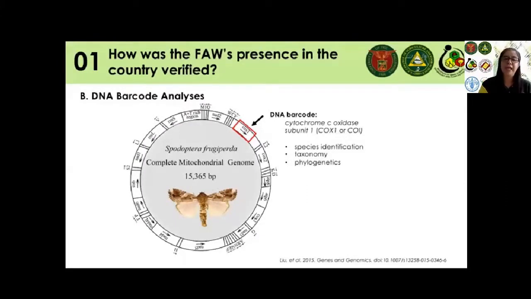To qualify as a DNA barcode region, a locus should be easily amplified using a set of universal primers and should show low intraspecific but high interspecific divergence. So COI satisfies these criteria for most groups, and therefore has been used for species identification, taxonomy, and phylogenetics.